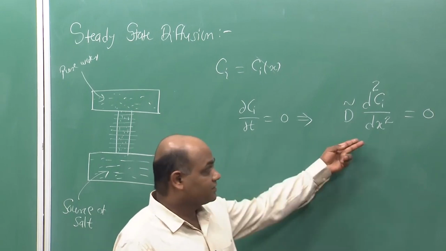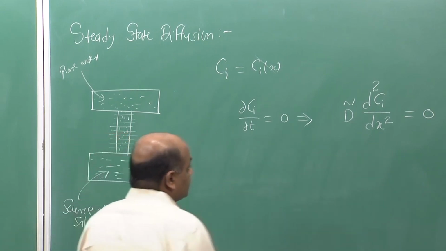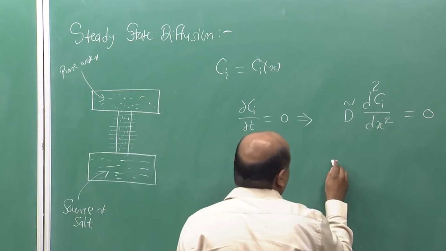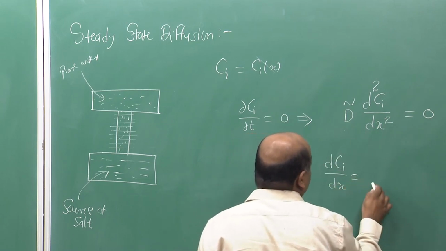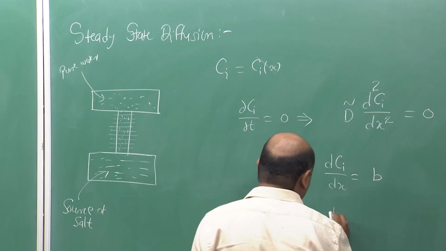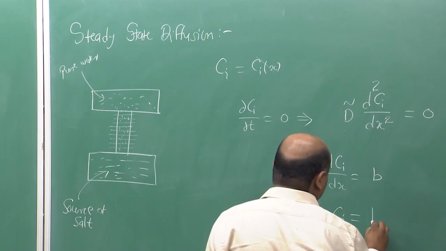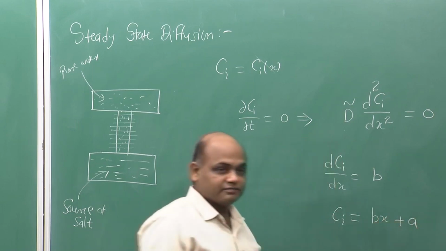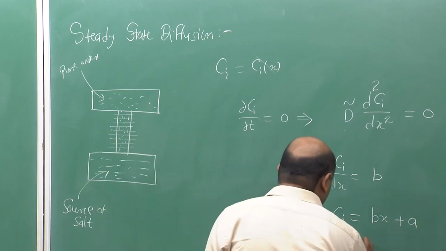Now, you can easily solve this equation, right. So, D̃ will go, this is also 0. So, dCi/dx is a constant, let us call this b. So, if we solve this further, we get Ci equal to bx plus some constant a, and we know this is the equation of a straight line.